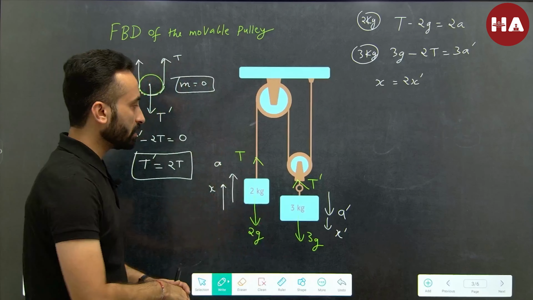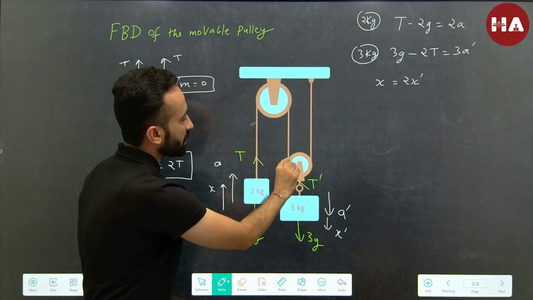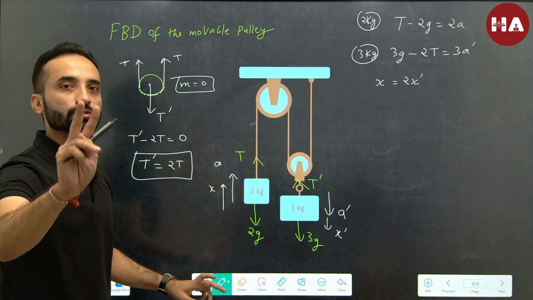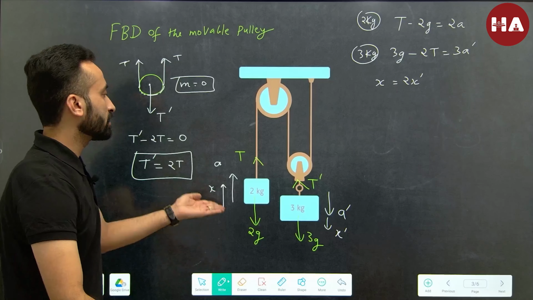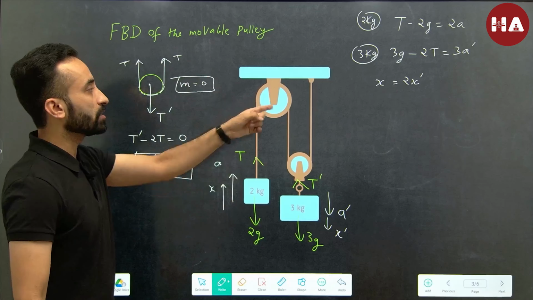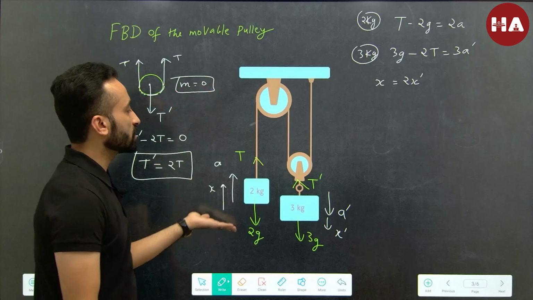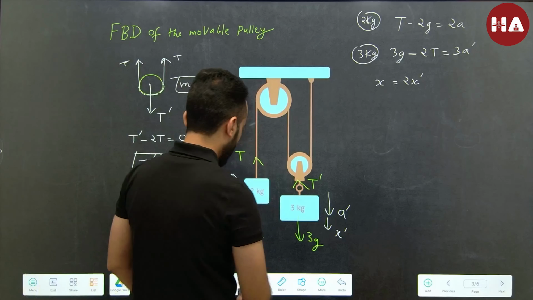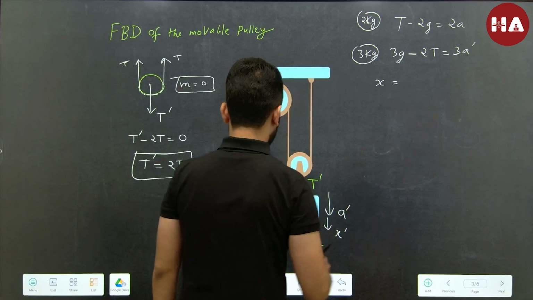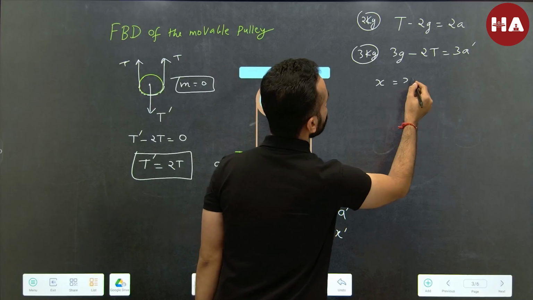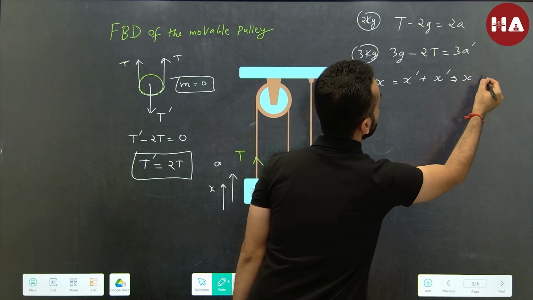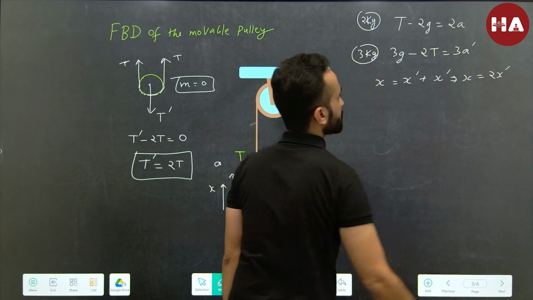Let's do it again. It falls by x dash. That means the length of the rope increases by x dash here and here also, so it's a total gain of 2x dash. That has to be balanced by this loss, let's say x. So x is equal to x dash plus x dash, which means x is equal to 2x dash.